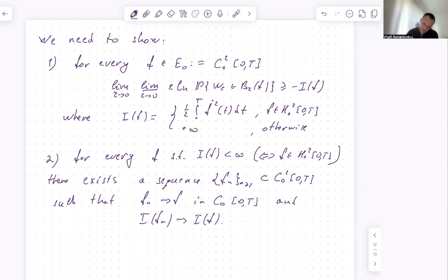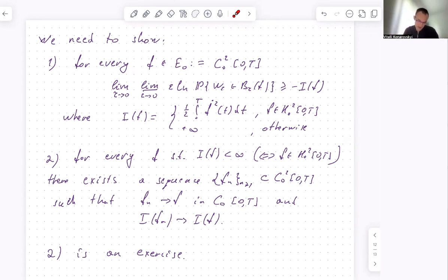I want to say that the second part will be homework for you. Part 2 is an exercise: you can approximate every absolutely continuous function by functions that are smooth enough, in such a way that the rate function also converges.